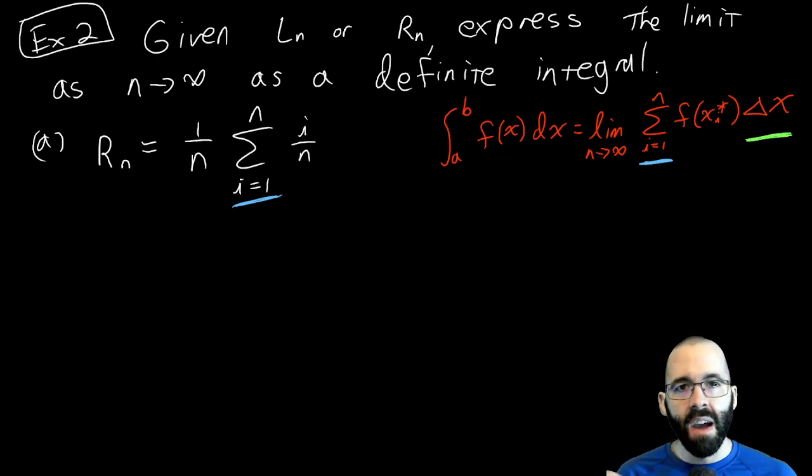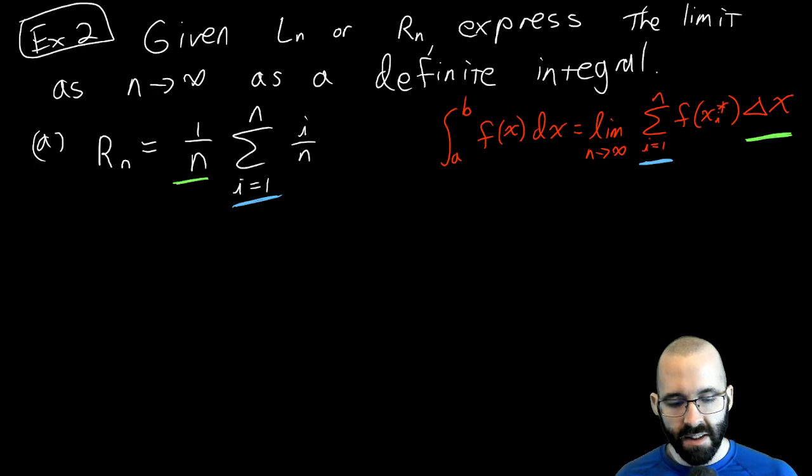And in general, we have every interval be the same width. Well, if there are n rectangles, and each rectangle is the same width, what's the width of the rectangle? Well, it depends on the interval. But this looks like a likely candidate.